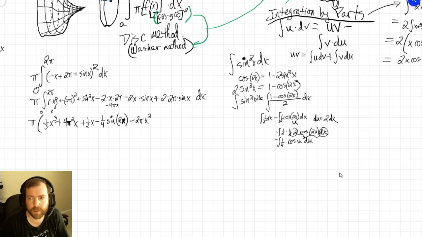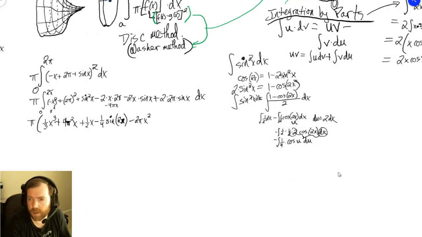Alright, so I'm going to cut this off way over here and magically write completely off screen. So, our negative 2x sine of x dx is going to become a positive 2x cosine x minus 2 sine of x.